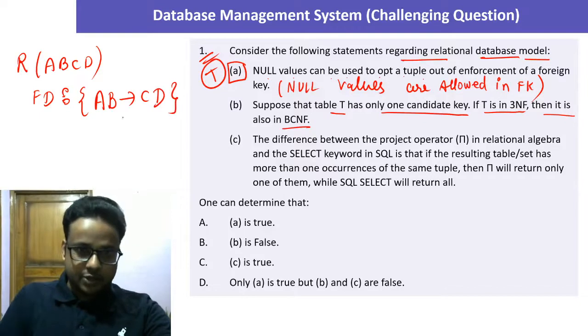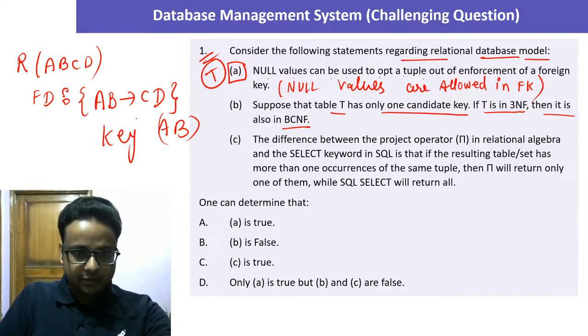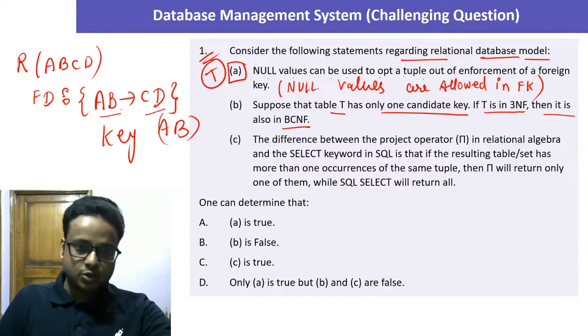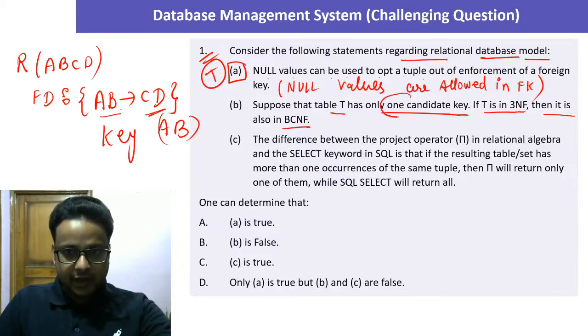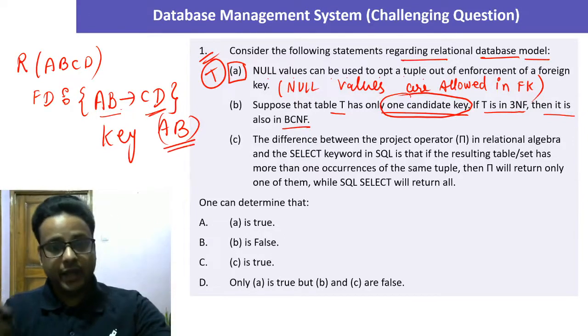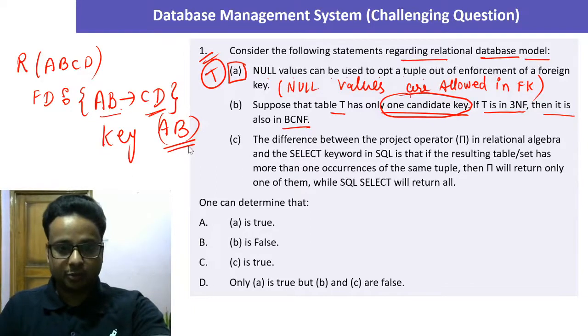What is the key here? Obviously AB will be the key, because AB goes to CD. They say we have only one candidate key, which is why I have taken this.